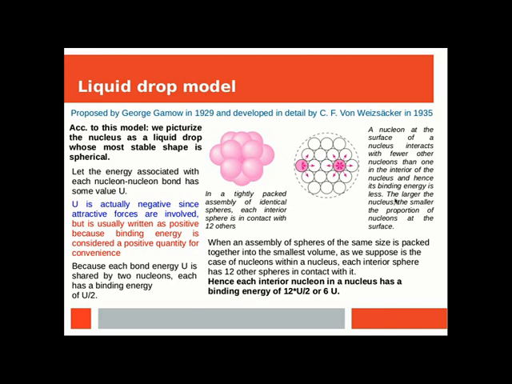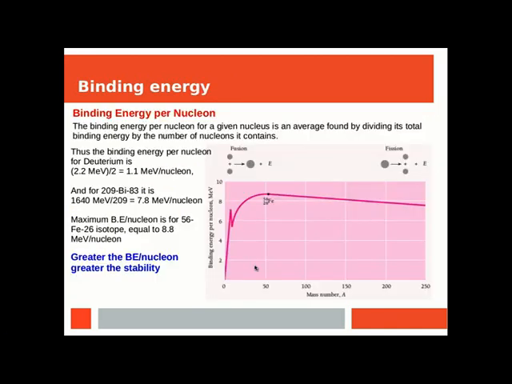So people worked a lot on this, and Gamow and Weizsacker came up with the liquid drop model to explain the pattern of binding energy, the variation of binding energy with respect to mass number.